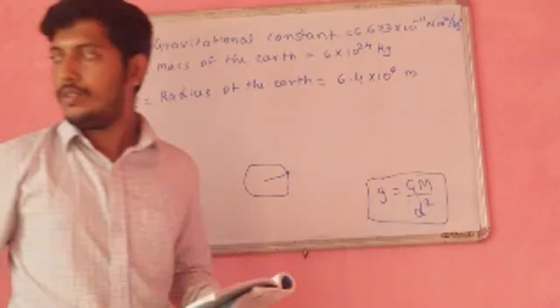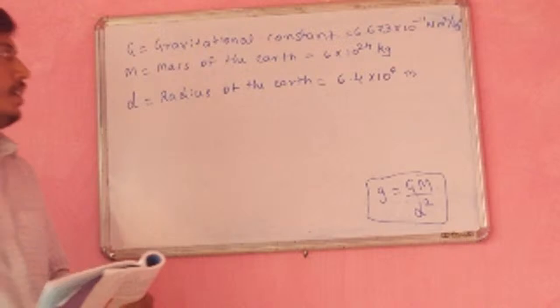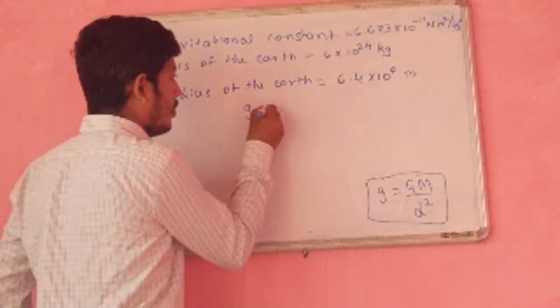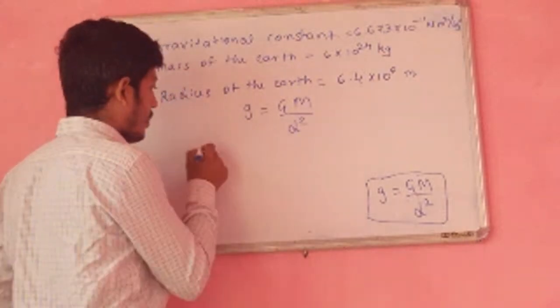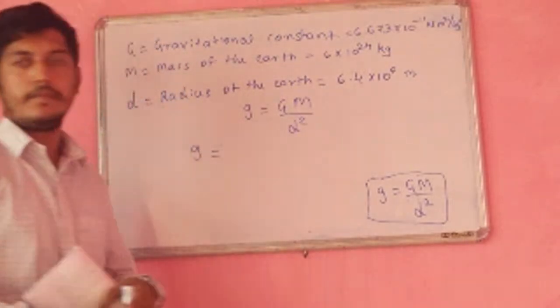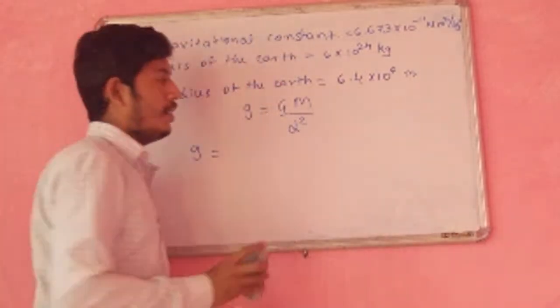And now here we have the expression for small g, that is g equals GM divided by d square. So I will substitute here the values of capital G, capital M and d.